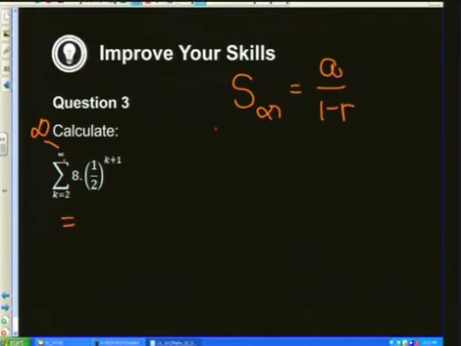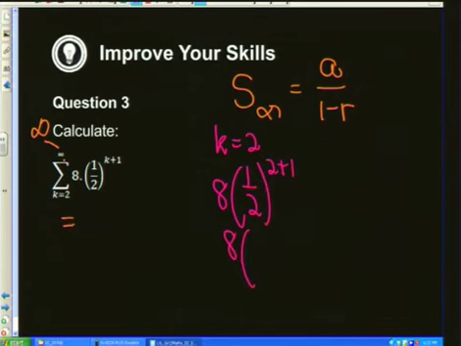If k equals 2, then the first term will be 8 times a half to the k plus 1, so it's 2 plus 1, which means I've got 8 times a half to the 3. So that's going to become 8, and a half cubed is going to be 1/8. Well, what do we know about 8 times 1/8? It's equal to 1. So the very first term we've got here is 1.